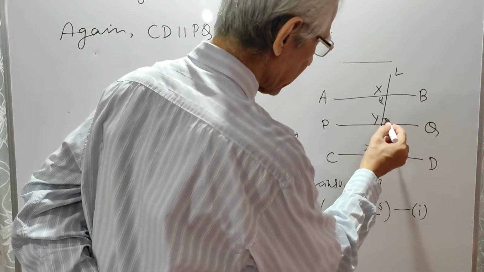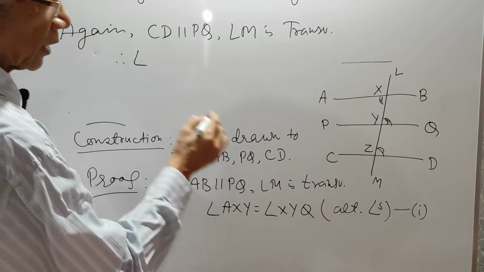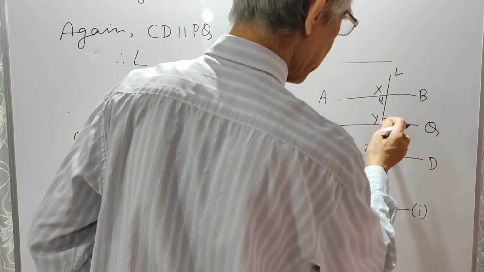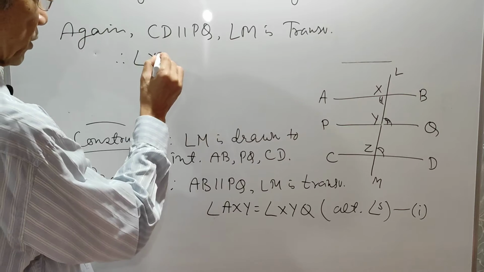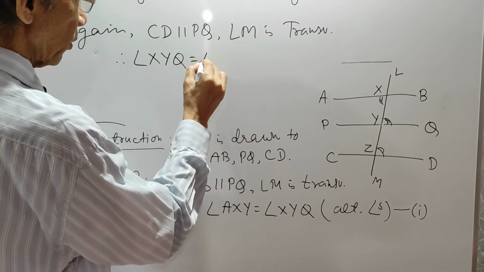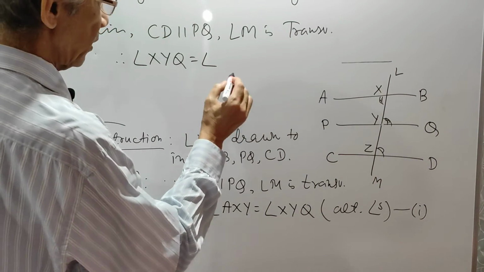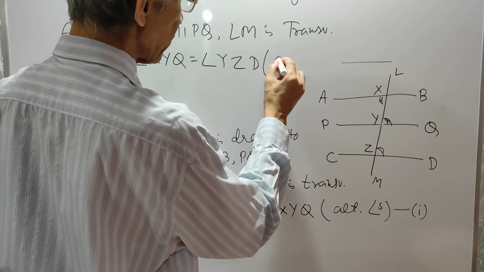Therefore, these two are equal. Why? Corresponding angles. So angle XYQ is equal to angle YZD. Reason? Corresponding angles.